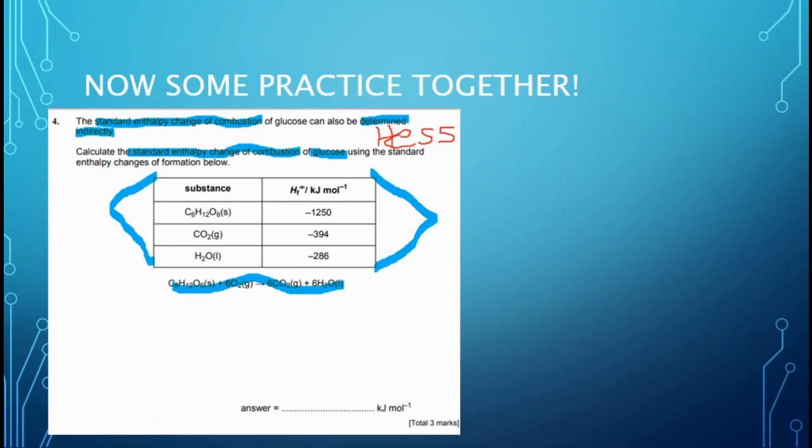Now we know we need combustion, and clearly in a combustion reaction we can have C6H12O6, we can also have oxygen.